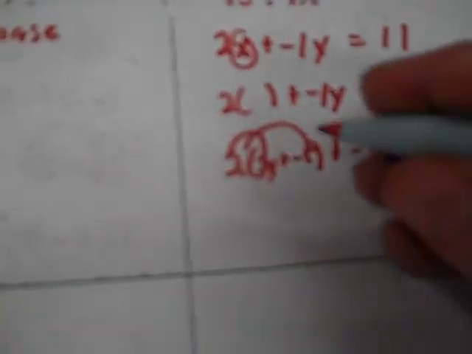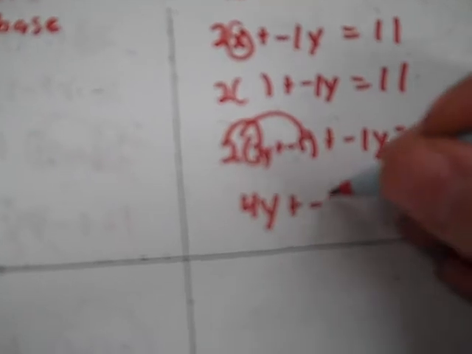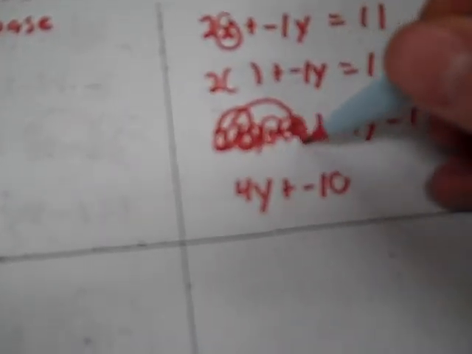Okay, so I'm solving for y first, because there's 2 y's here. So rainbow that, 2 distributed property, 2 times 2y is 4y. 2 times negative 5 is negative 10. Okay, now we can just cross that out. Before equals, I have to add a negative 1y equals 11.